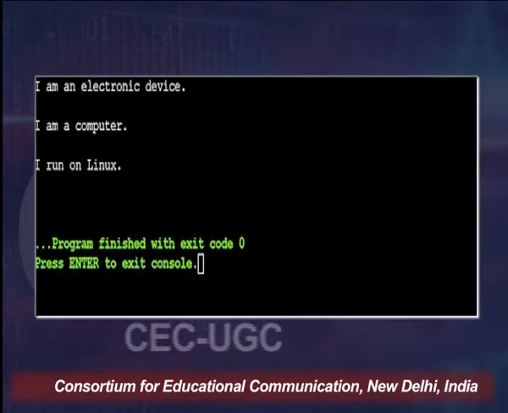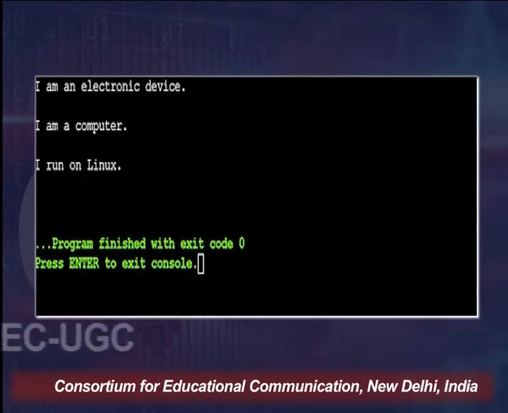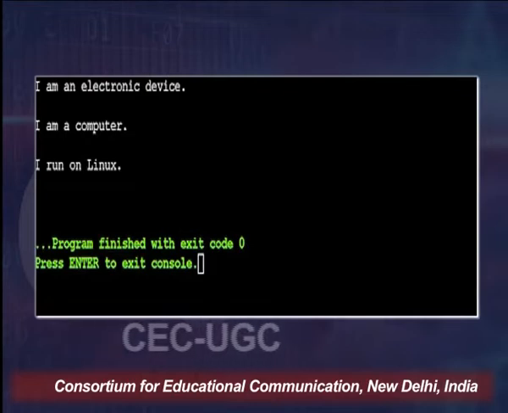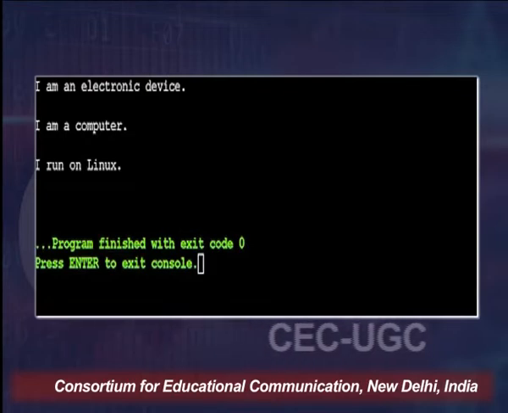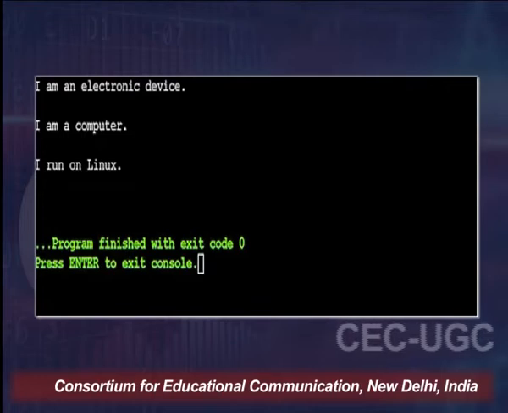Now, this electronic device is further inherited by the class computer, and then we have the constructor execution of the class computer saying "I am a computer". Again, further it is printed "I run on Linux". So basically what is happening?